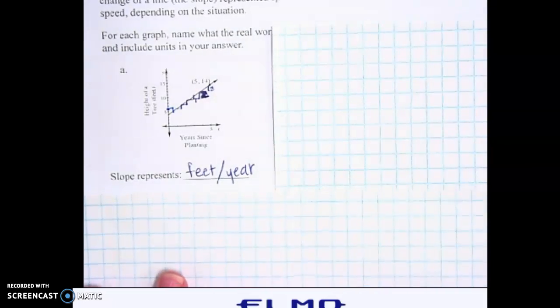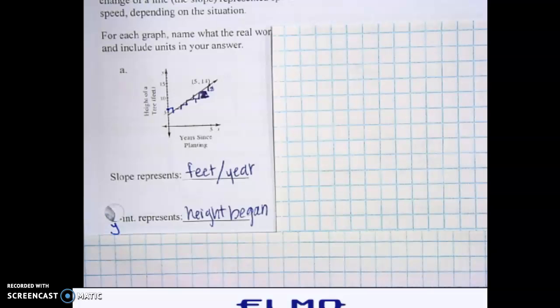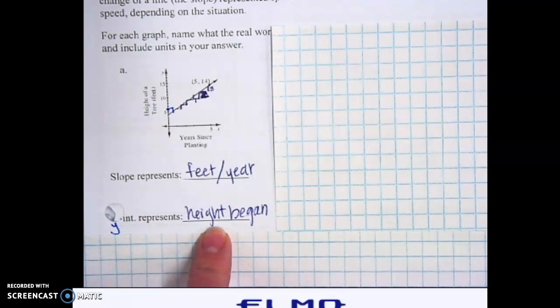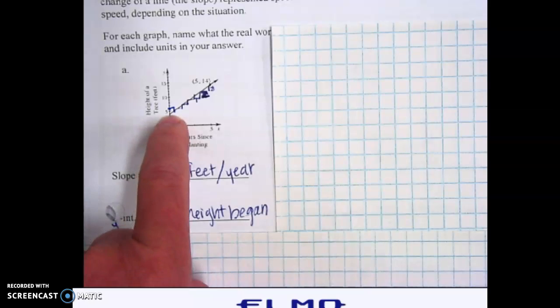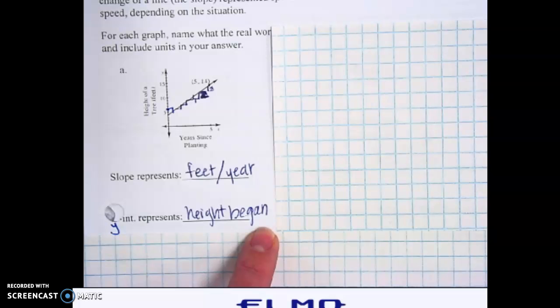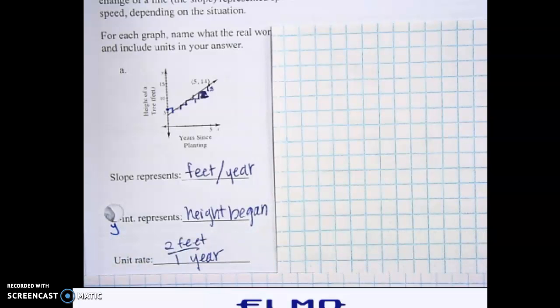On the next line, it's asking you for the y-intercept. The y-intercept, where it's crossing right there, is where the height of the tree began. Okay? Then it asks for what is the unit rate.